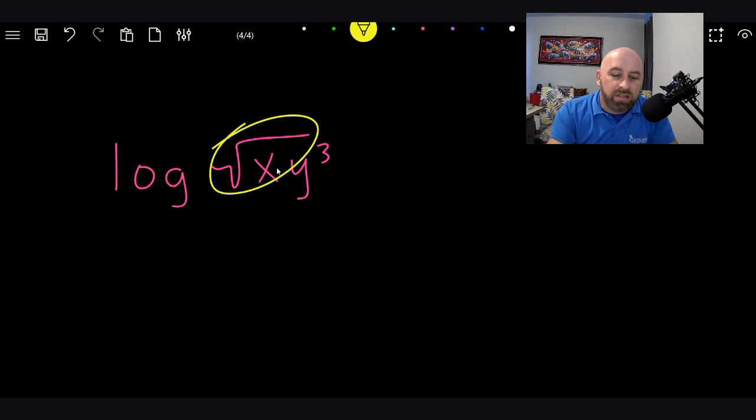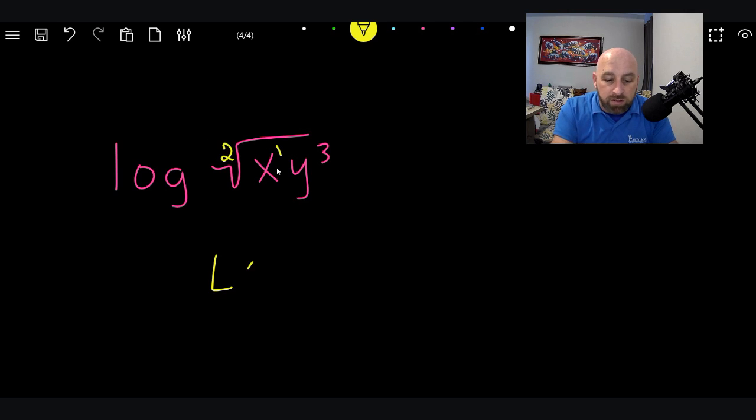What's going on here? I don't remember how to do that. We haven't done one of these yet. Well, this is going to solve out just like it always has. How do we do this? Well, the easiest way to do this is to turn this into, instead of using a square root sign, let's use fractional exponents. Okay, so how do we do that? Do you remember? Remember the index is 2 and that exponent would be 1.